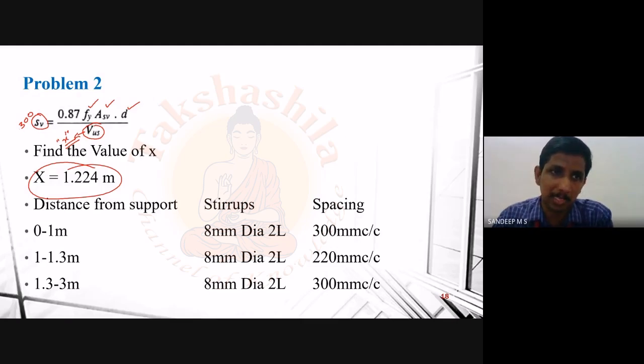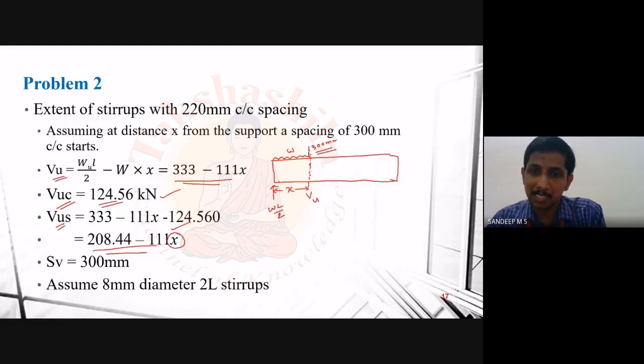So instead of SV, I can substitute 300. All the other values are known to me. The only unknown is X, which is coming in this VUS. Upon simplifying, you can take this part to the left and bring the 300 into the denominator, and finally simplify and find the value of X, so that at that distance from your left support, you can change the spacing from 260 to 300 mm center to center.